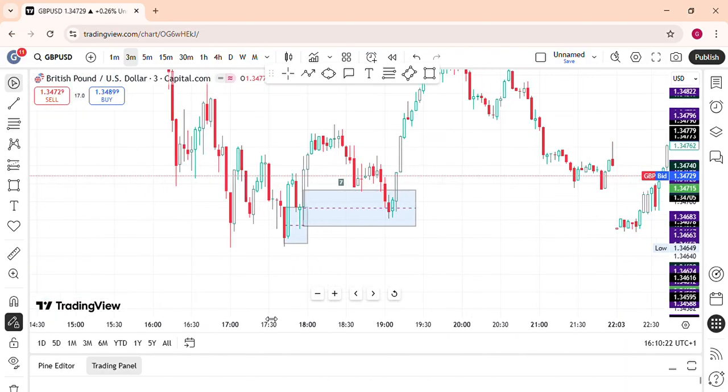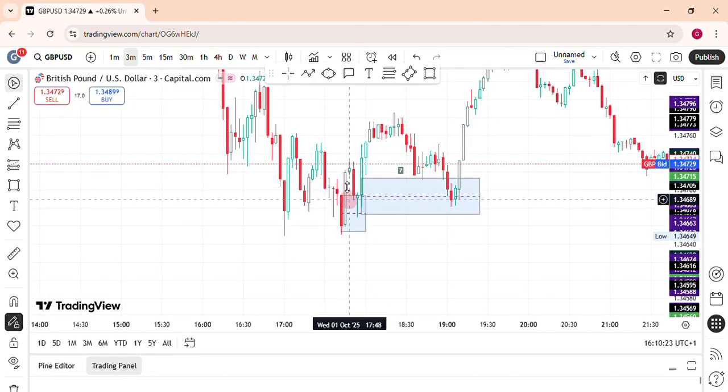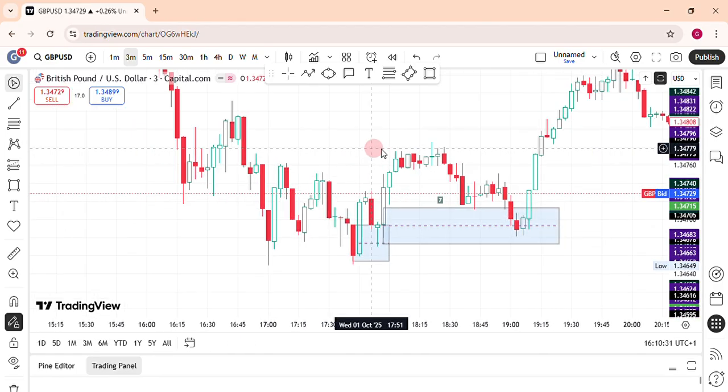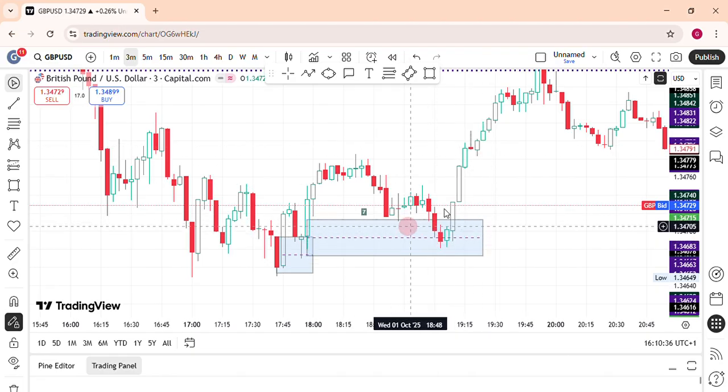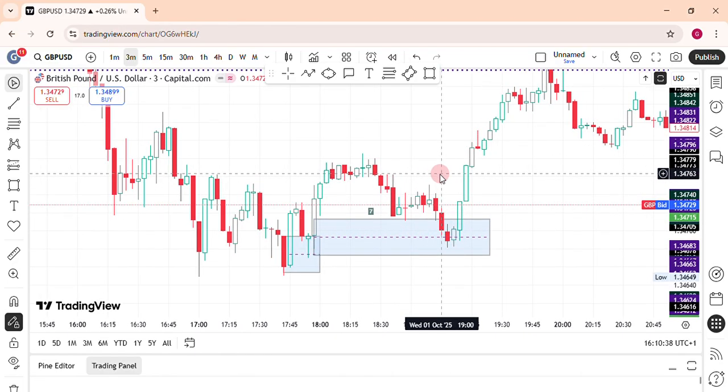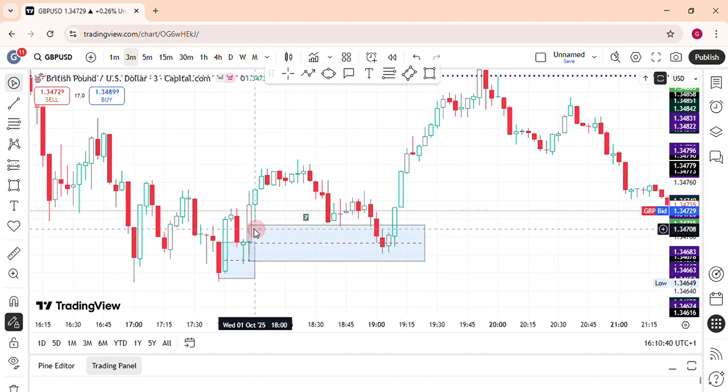So we have a bullish fair value gap here. As price comes back to tap into this bullish fair value gap and all the way into this other block here, price actually rallied all the way from it. That means it bounced away from this newly formed fair value gap here.